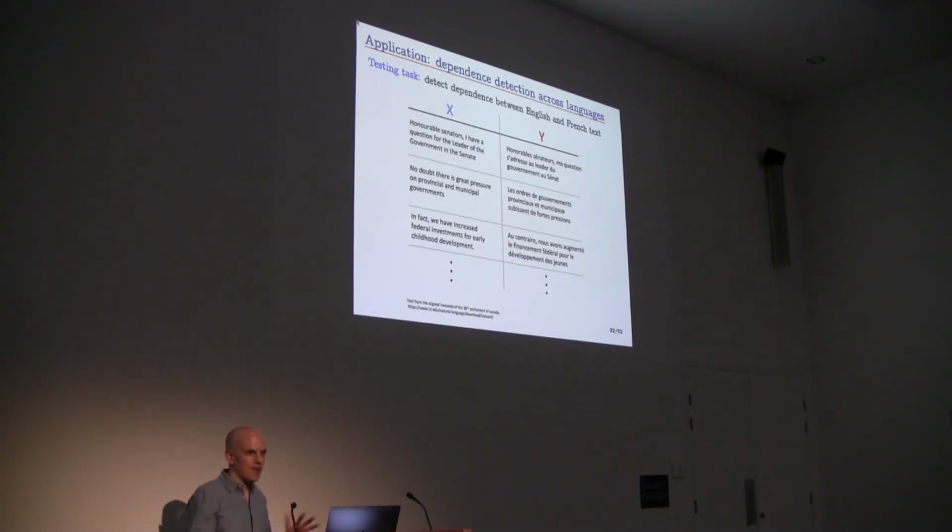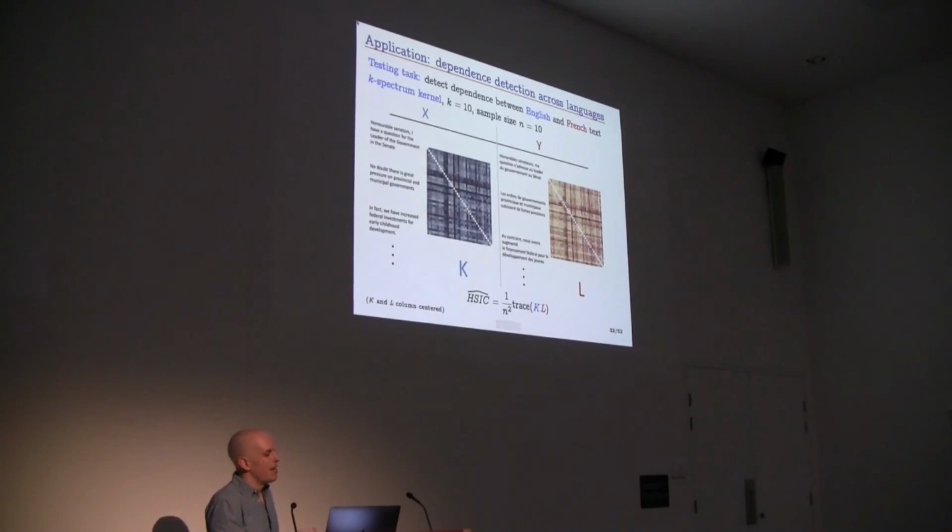Remember our initial illustration with the animals and their descriptions. I assemble here a matrix of kernels between every pair of English fragments. Each of the little pixels in this image represents the similarity of one of these fragments of text to a second one. The kernel that I'm using is a k-spectrum kernel, which is basically counting the number of matching substrings, allowing for things like wildcards and incomplete matches.